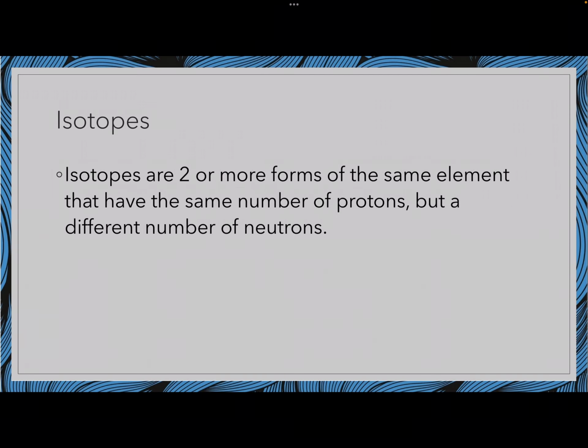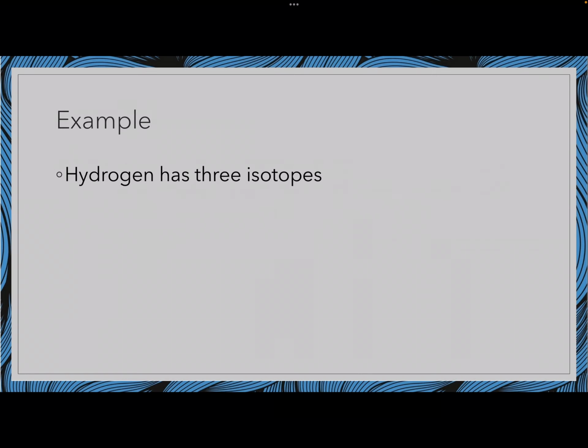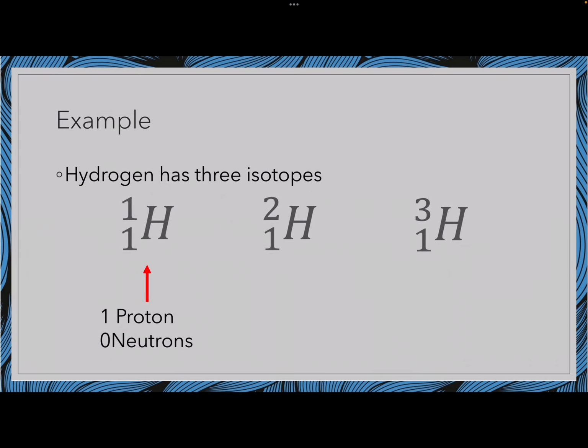So we'll also be looking at isotopes today. Isotopes are two or more forms of the same element that have the same number of protons but a different number of neutrons. I'm going to show you an example of hydrogen. Hydrogen has three isotopes. The first one is hydrogen-1, which has one proton and zero neutrons. The second one we call deuterium.